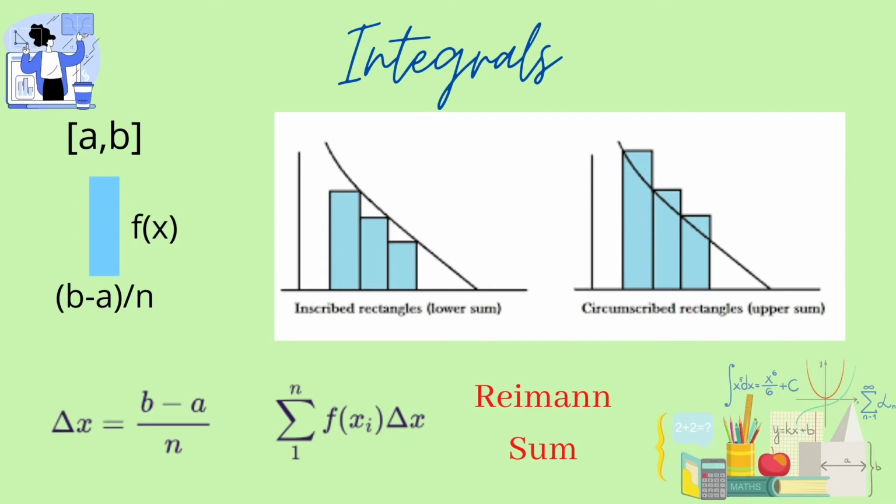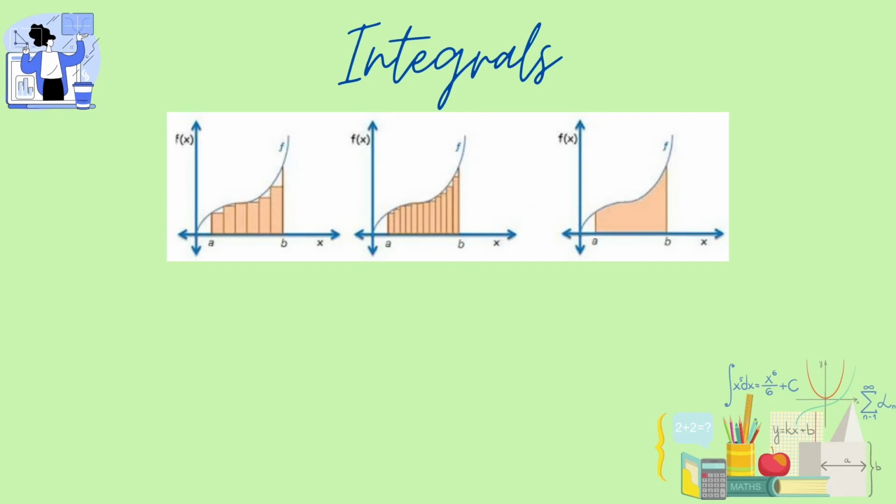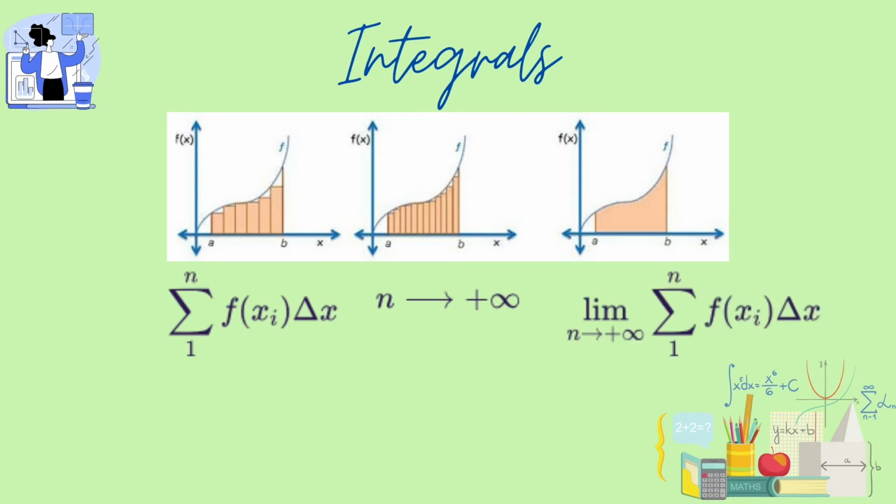Is it possible to have a closer approximation or even an exact value of the area? If we consider more rectangles, thus n gets bigger, then we can find the area under the curve by finding the limit of the Riemann sum as n approaches positive infinity.